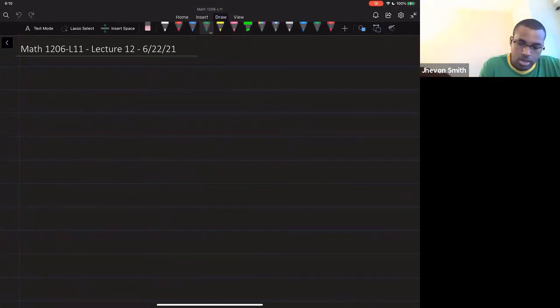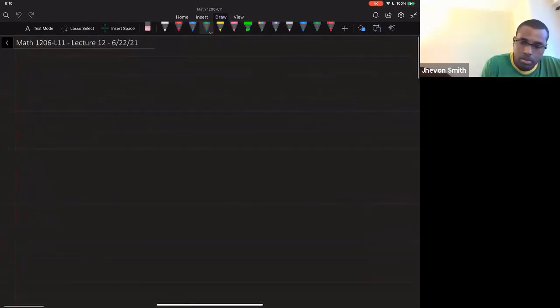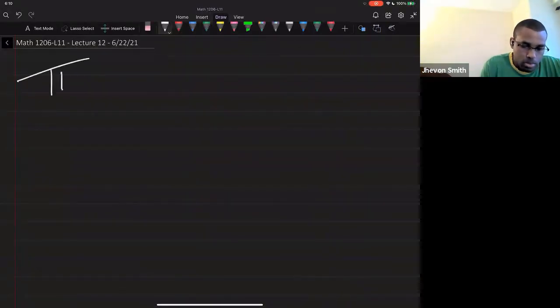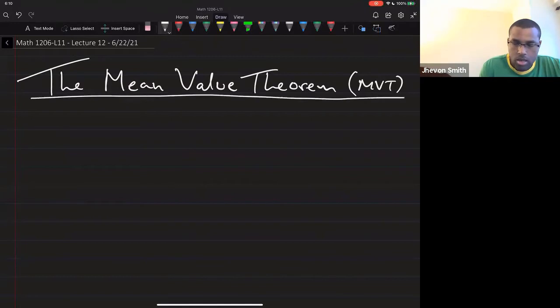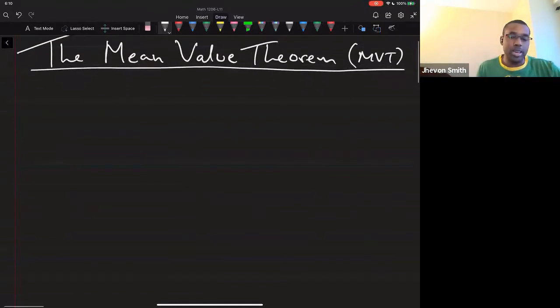So let's actually do that. So now the theorem called the MVT, called the mean value theorem. So now we can actually state it. So let's actually just do that.